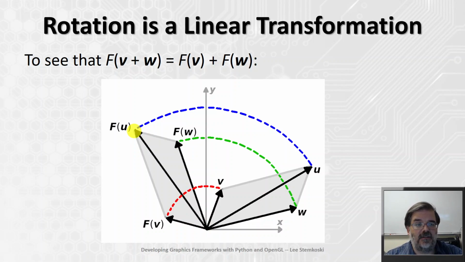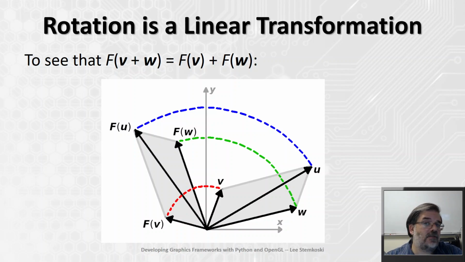It must coincide. And so it follows that f of v plus f of w equals f of u. But remember, u is just v plus w. And that gives us the fact that rotation respects vector addition, and so rotation is a linear transformation.